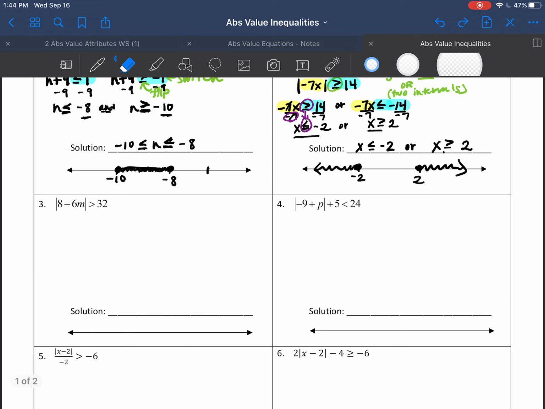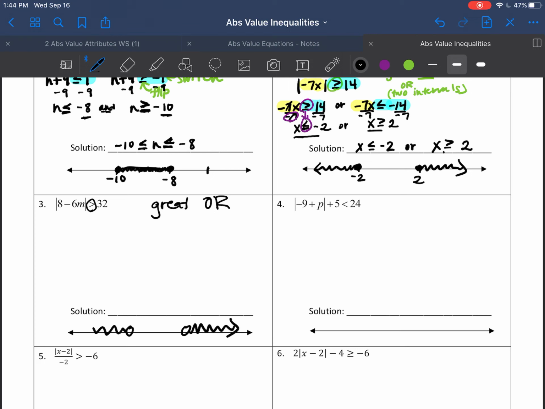Number 3, the absolute value is already isolated. So we are ready to decide. This is a greater than, so if you want, you can already put open circles because there's no line, and you can already do your shading because you know it's going to end up looking like that.